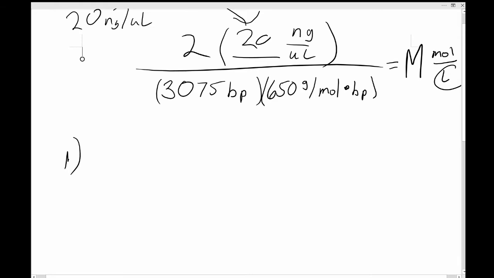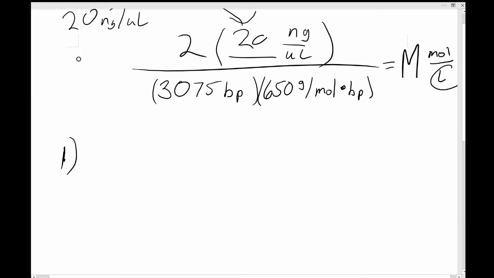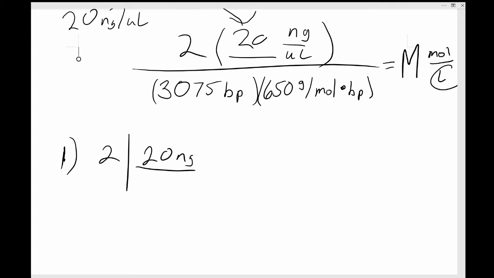So for part 1, all I'm going to do is set up the calculation where we have 2 times 20 nanograms over microliter. We want to convert: 10 to the power of 6 microliters is in 1 liter, so that these can cancel.